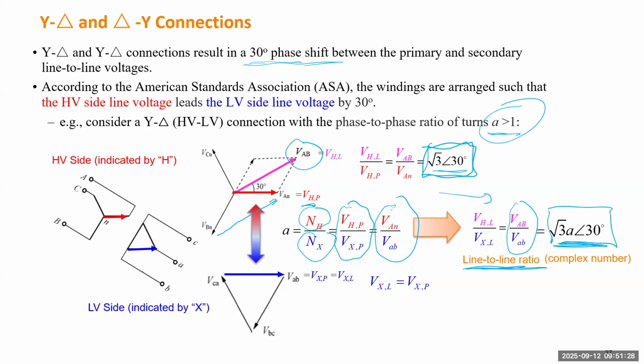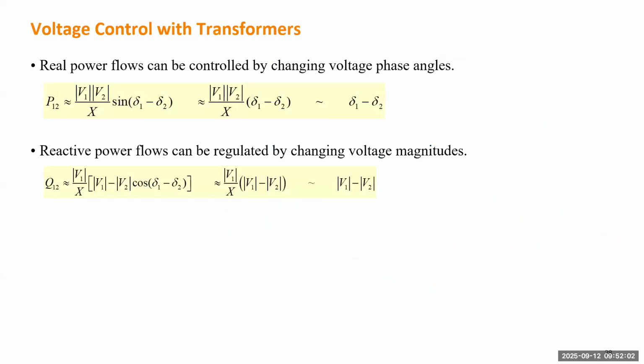So this number will be the new ratio for this Y to delta connection transformer, and so it is a complex number. We'll need to deal with this complex number later in the power flow analysis section. We'll come back to this complex number again to discuss how it can influence the calculation of complex power flow.